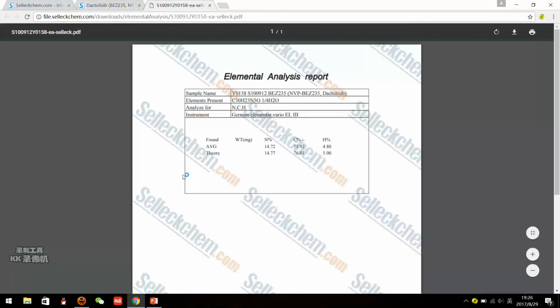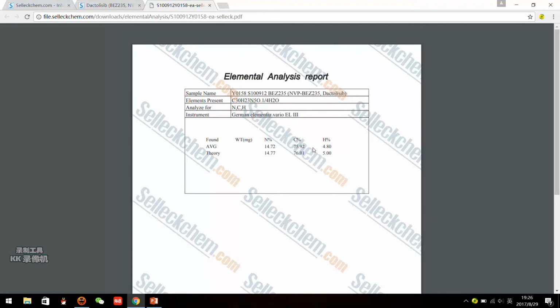It is an elemental analysis report. What is this? HPLC could tell us the purity of this product, but it still has defects. This technique cannot identify an inorganic compound and some simple structure of a carbohydrate.